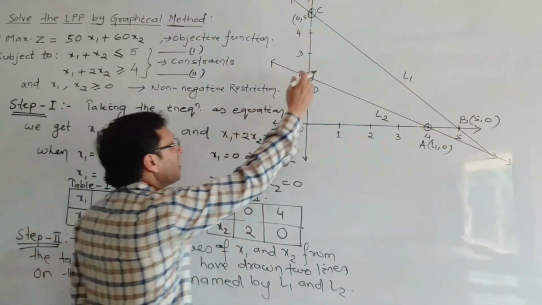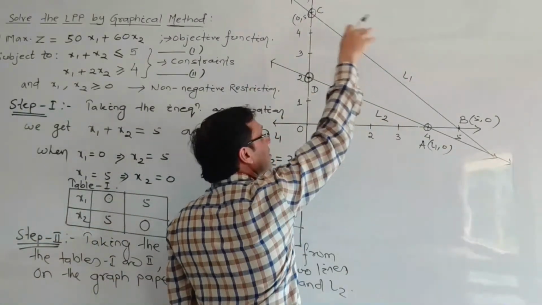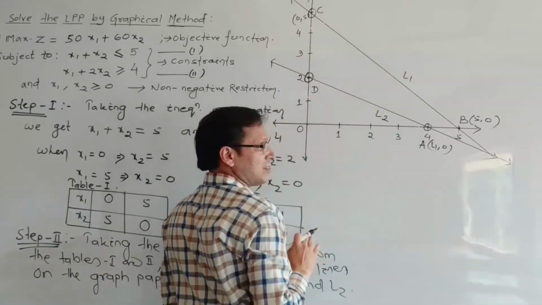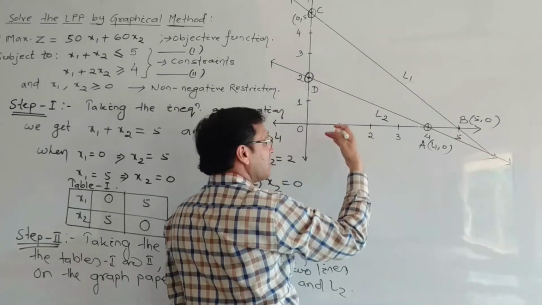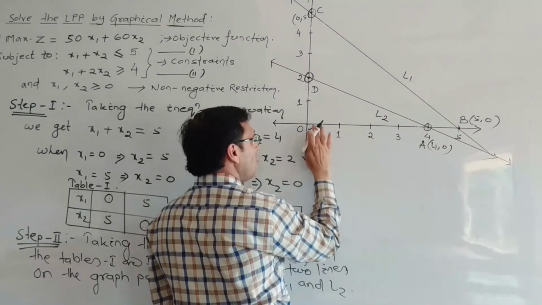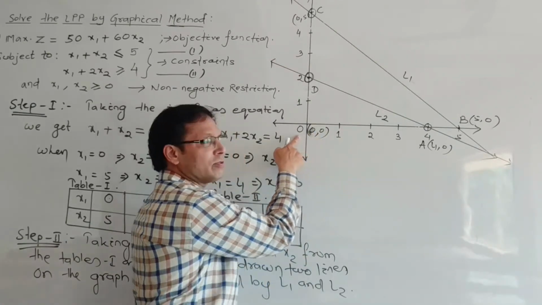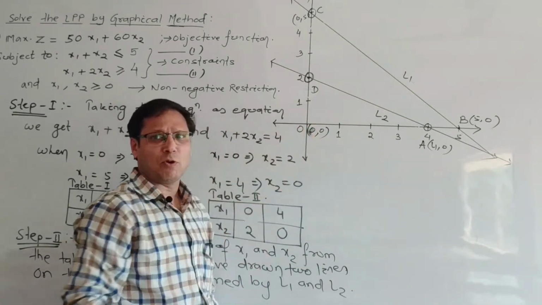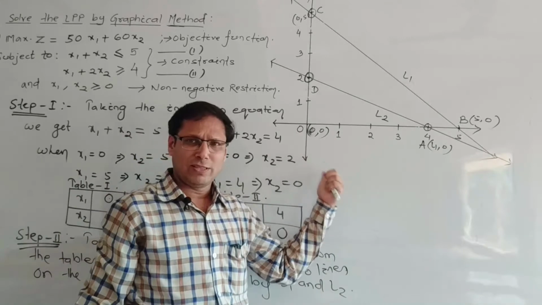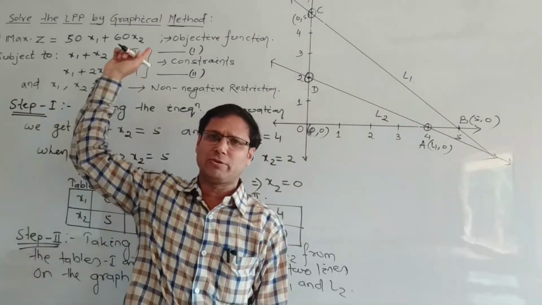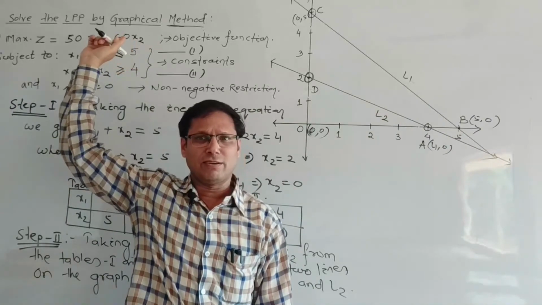Now this is the plane. This line L1 divides the plane into 2 parts. Whether the solution region contains the origin or not. What is the coordinate of the origin? All of you know that the coordinate of the origin is (0, 0). We have to check whether the point (0, 0) is satisfied by the inequation or not, from the inequation given in the question.